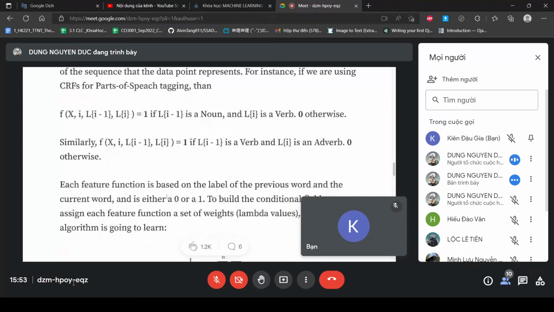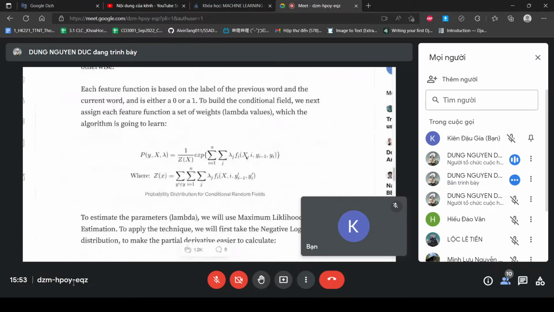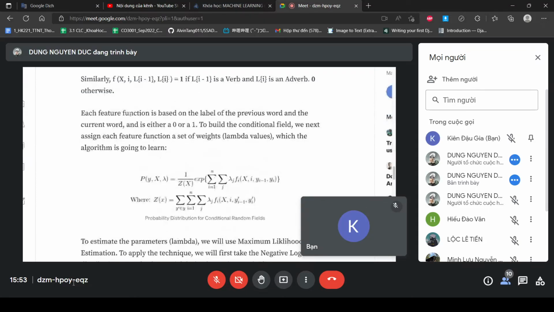Given that, you are ready to model this probability. So the probability of the label y given the input data x will equal to, well, what you are trying to do now is build a conditional field.